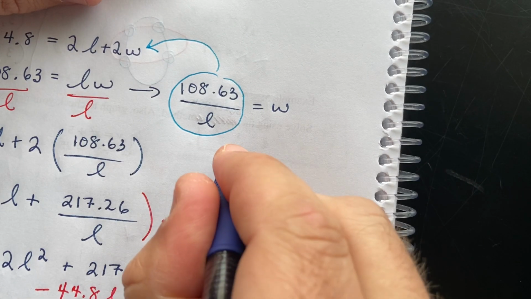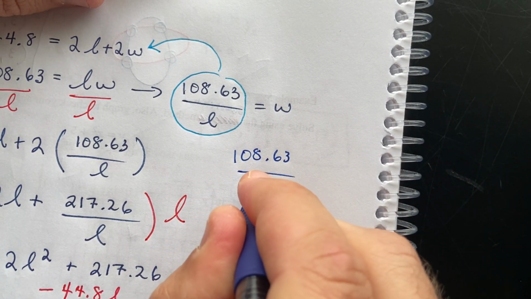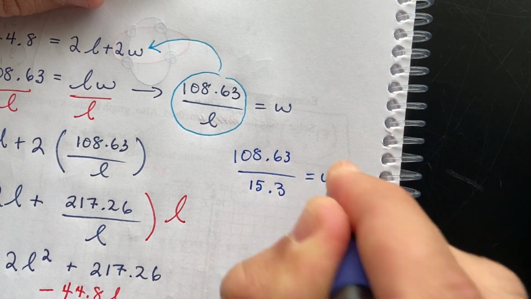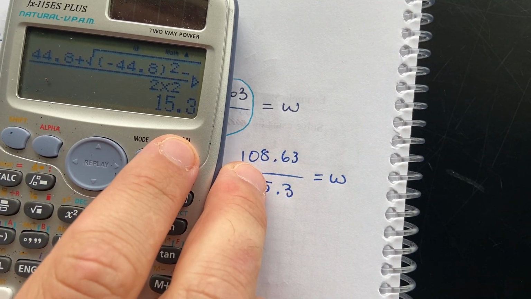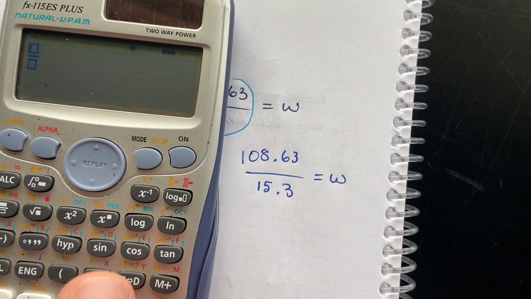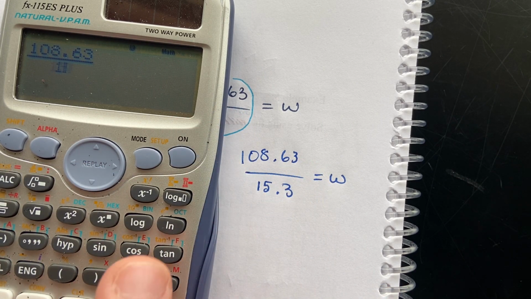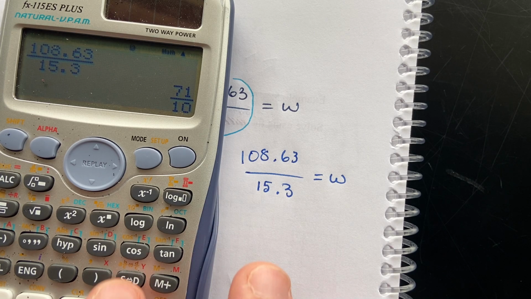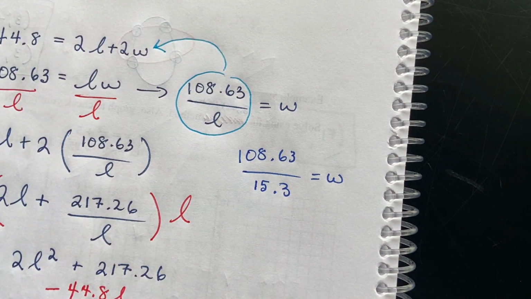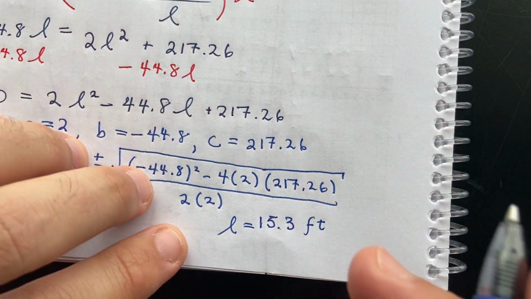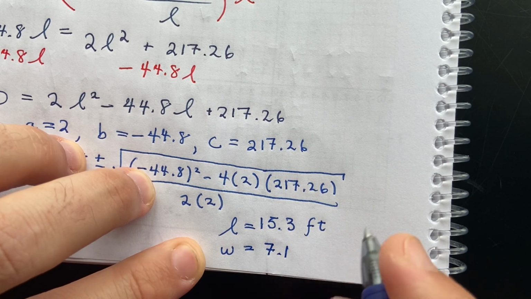So 108.63 over 15.3 equals W. So the width would equal 7.1 feet.